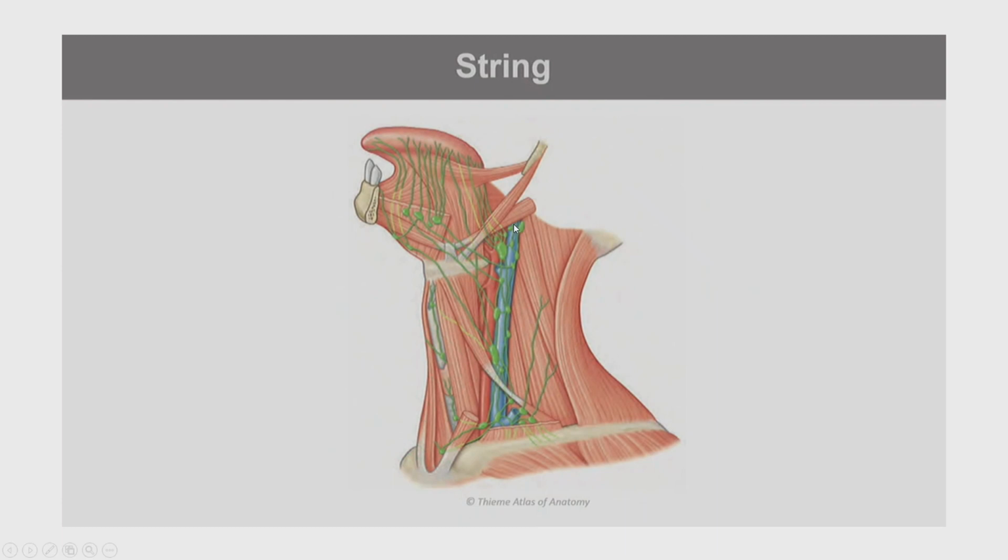One group of the lymph nodes is the place where the posterior belly of the digastric muscle is crossing the internal jugular vein. This is called the jugulo-digastric lymph node. Jugulo, internal jugular vein, digastric lymph node. This is one group of the lateral deep cervical lymph nodes.